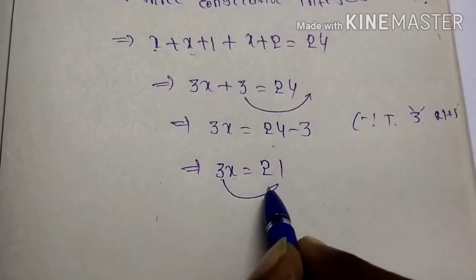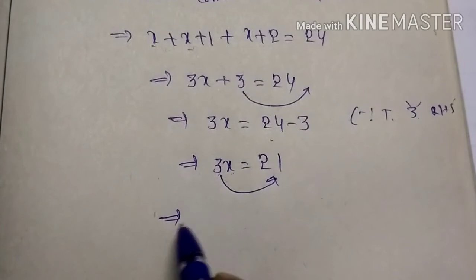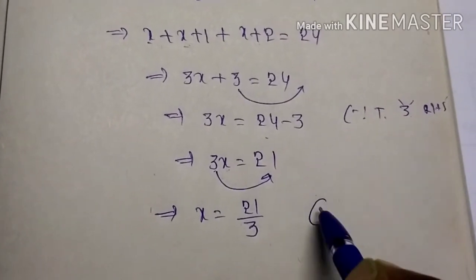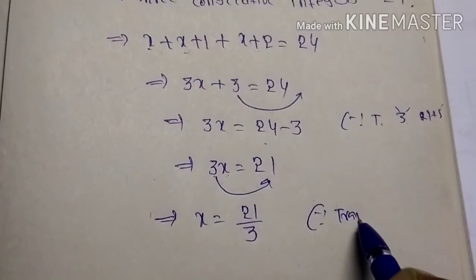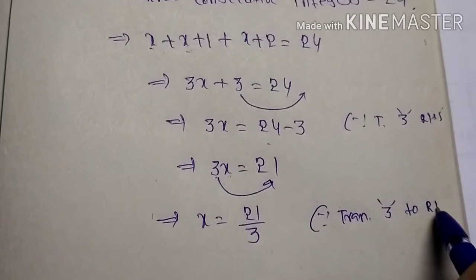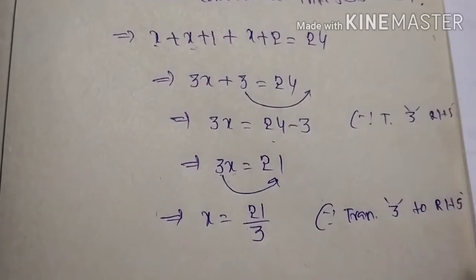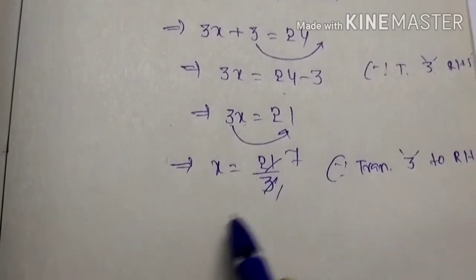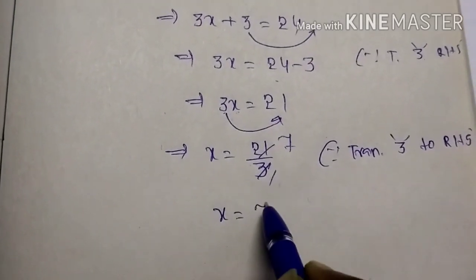You can transpose 3 to RHS, it will become division. Implies x is equal to here 21 by 3. In the brackets you can write here transpose 3 to RHS. See here 3 1 ja, 3 7 ja. That means x is equal to how much?